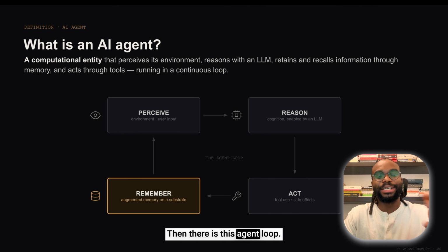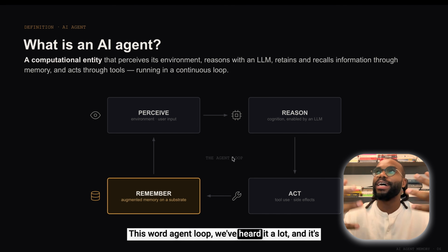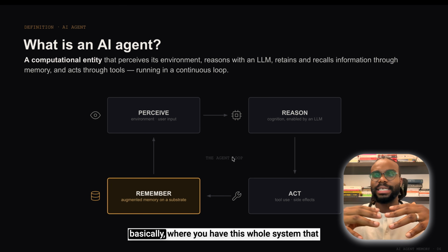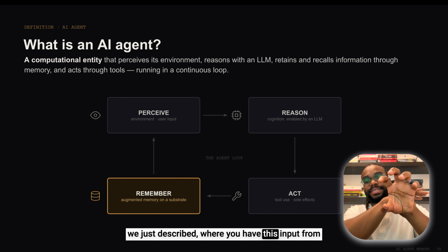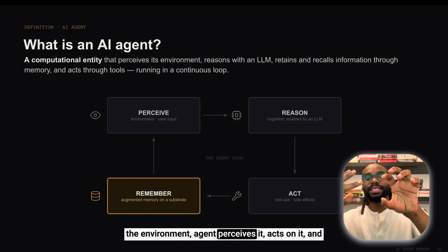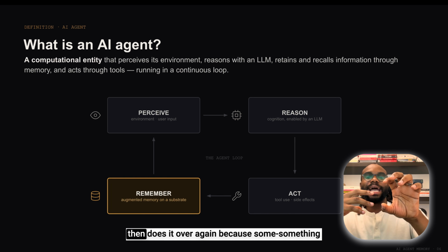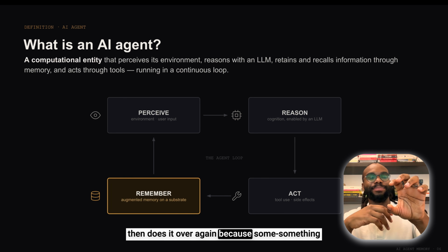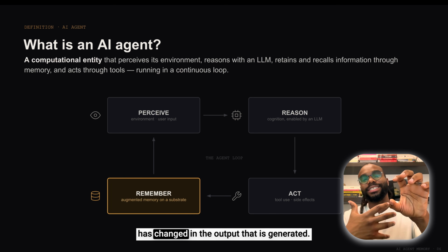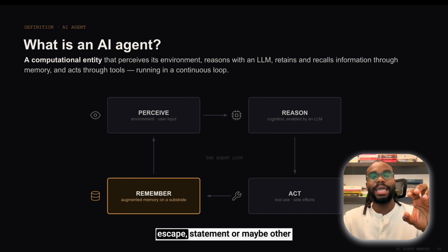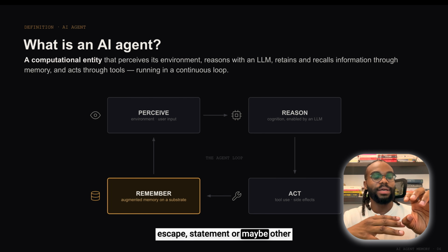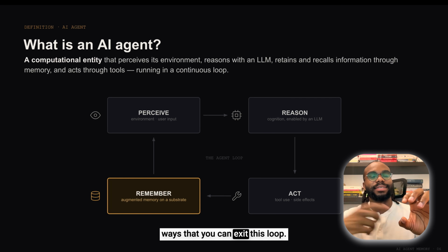Then there is this agent loop. This word, agent loop, we've heard it a lot. It's basically where you have this whole system that we just described, where you have inputs from the environment, the agent perceives it, acts on it, and then does it over again because something has changed in the output that is generated. And then you usually have an escape statement or maybe other ways that you can exit this loop.